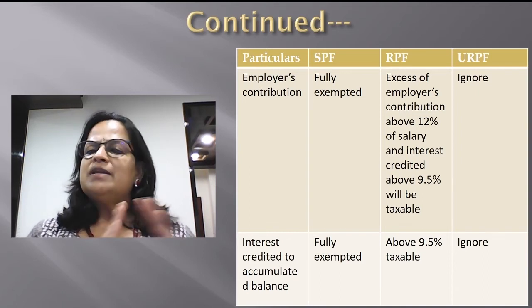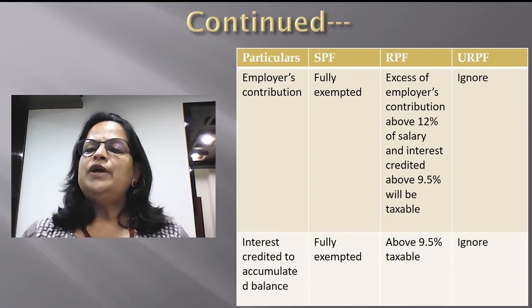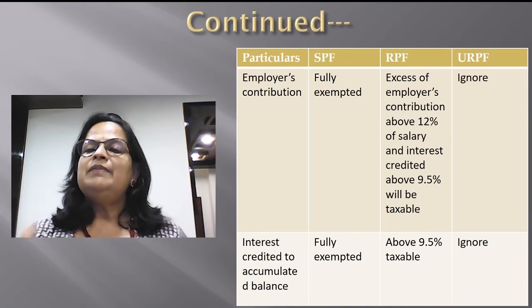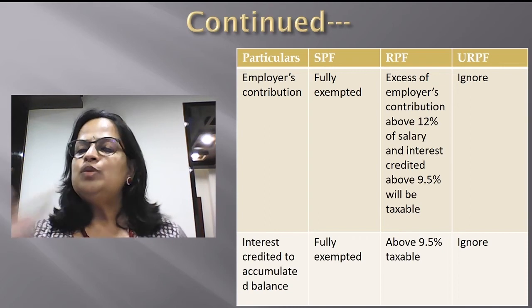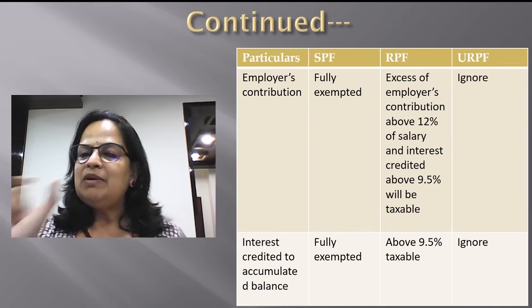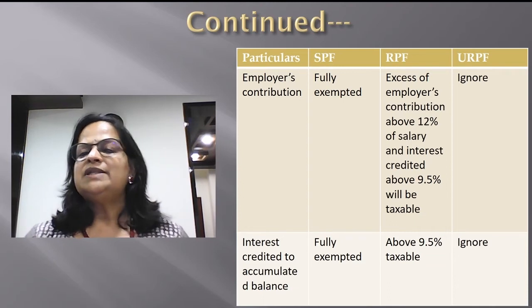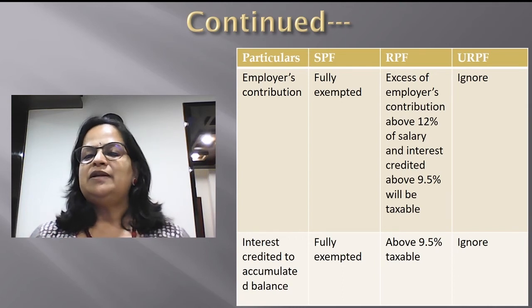Without any limit, it's completely exempted. Whereas for recognized provident fund, if the employer is contributing more than 12%, it will be taxable. Imagine the employer is contributing 14% of the employee's salary. So 2% will be taxable. We will calculate that extra 2% and that will be added to the employee's salary computation. When we do the problem, I will explain that.